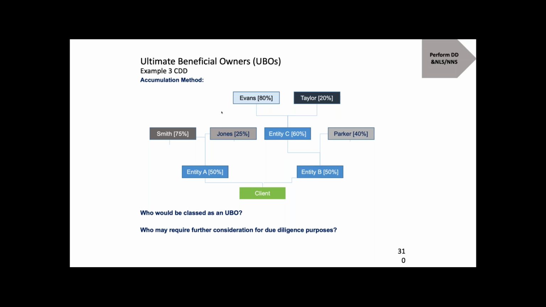Okay, that's Smith. I'd say Parker as well. And Parker owns how much? Oh no, sorry, not Parker. I'd say Evans, but Evans, you just keep an eye on him because he's quite close to the threshold.